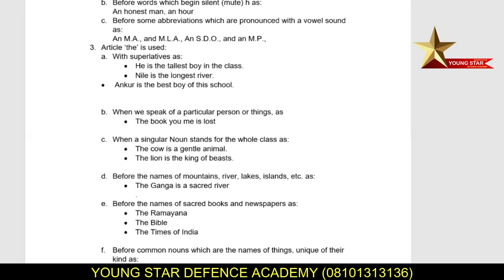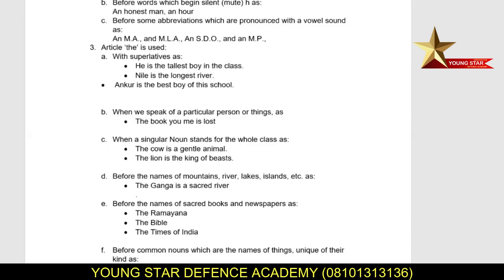That is Ramayana. We are getting the answer from that sentence as to which book. When we are getting the answer, it means we have to use the with that. We are talking about a particular thing, a particular book. We are not saying any kind of book. We are talking about a particular book.